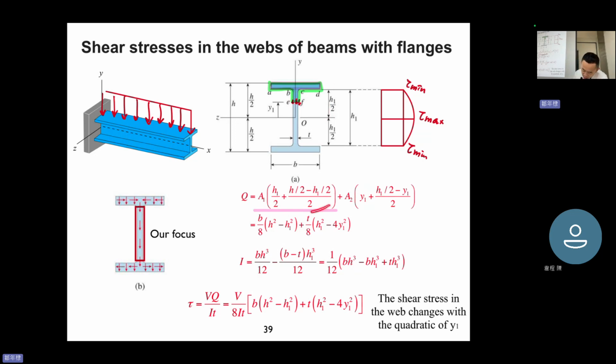So this is the flange centroid distance to the neutral axis. So pink.